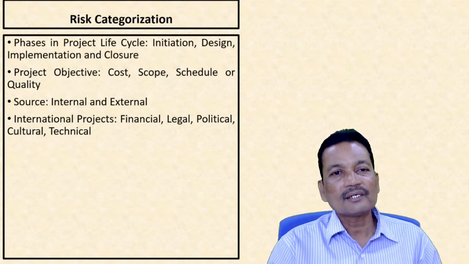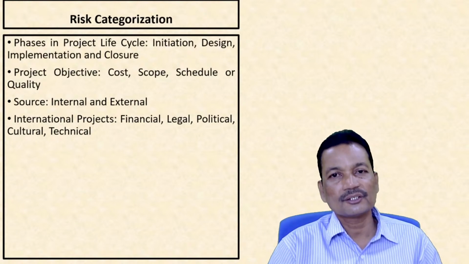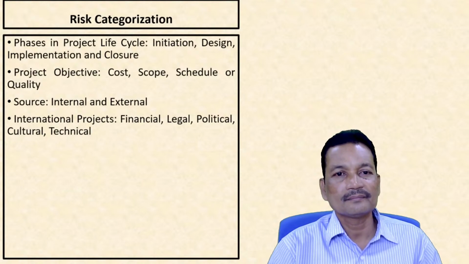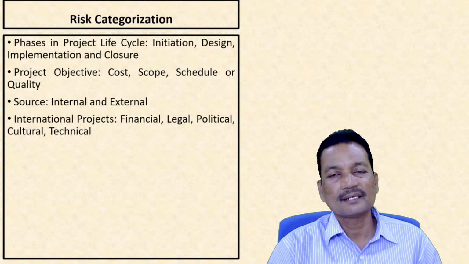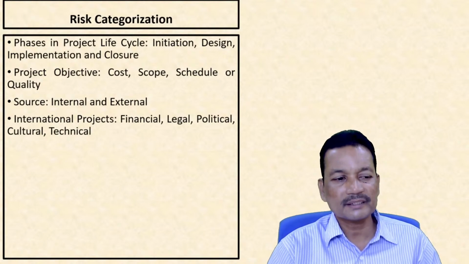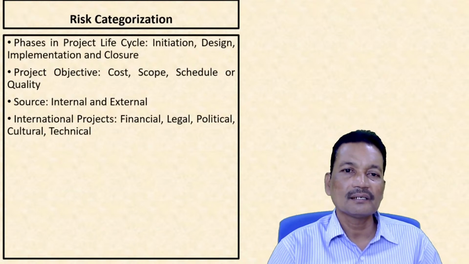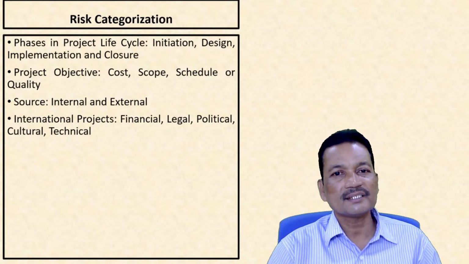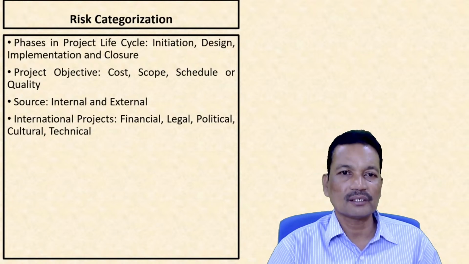Now, how can risk be categorized or divided? First, risk can be categorized according to its stage in the life cycle. Already we have seen the life cycle has 4 stages: initiation, design, implementation and closure.